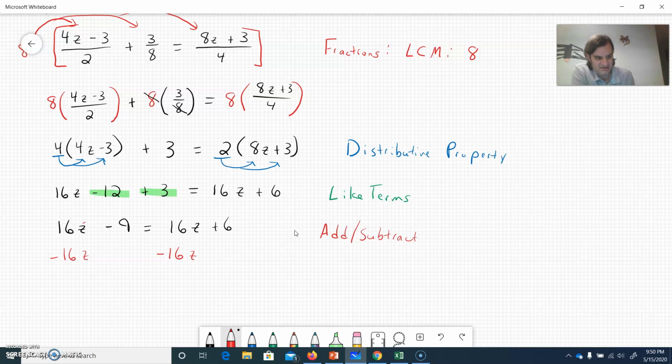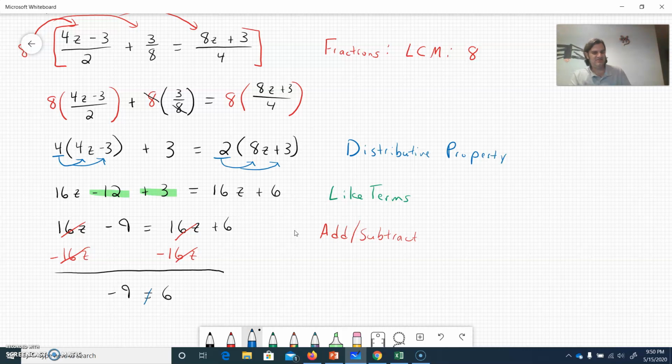I can notice that that gets rid of all my z's and leaves me with negative 9 equals 6. If I'm not paying that close attention, I might add the 9 or subtract the 6, but I will still have 2 numbers that really don't equal. So the point here is negative 9 does not equal 6.